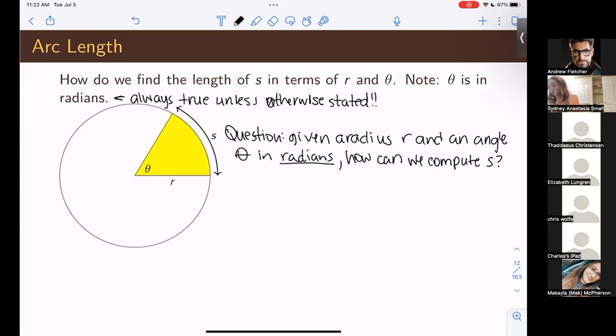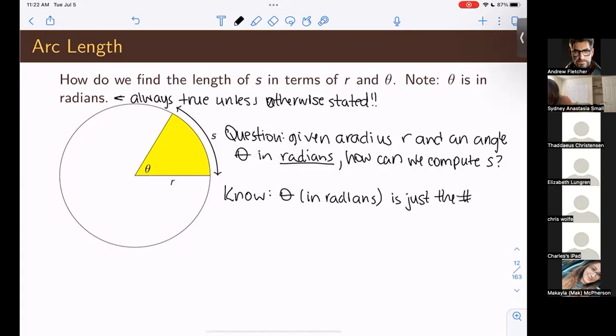Well, we know for a fact that theta in radians is just the number of radii in the arc. So we don't know what the measure of the arc is in the unit we want, but we do know how many r's are in S because that is given to us by theta. So how do we compute that?